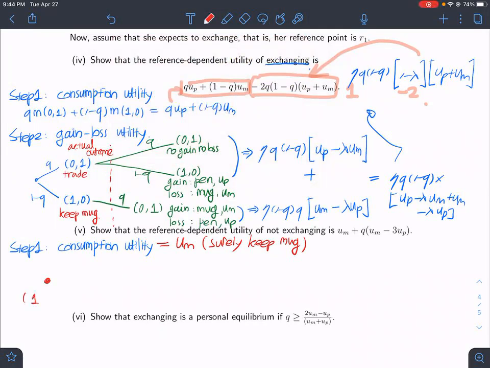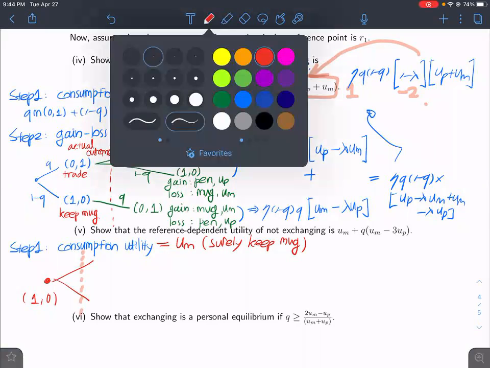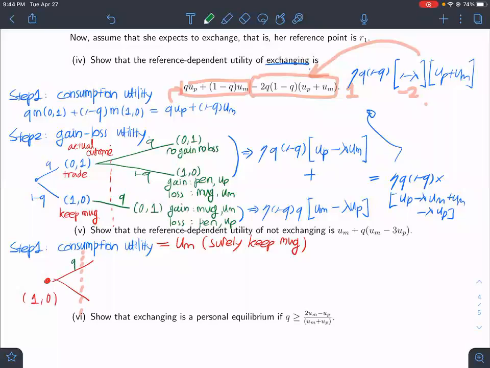Let me write in this way: 1 mug, 0 pen. In which case you betray your reference point. Let us find out. By probability Q, I trade. By probability 1 minus Q, I keep my mug. Was my expectation. This part, no gain, no loss. We just need to consider the case above. In this case, I gain mug.